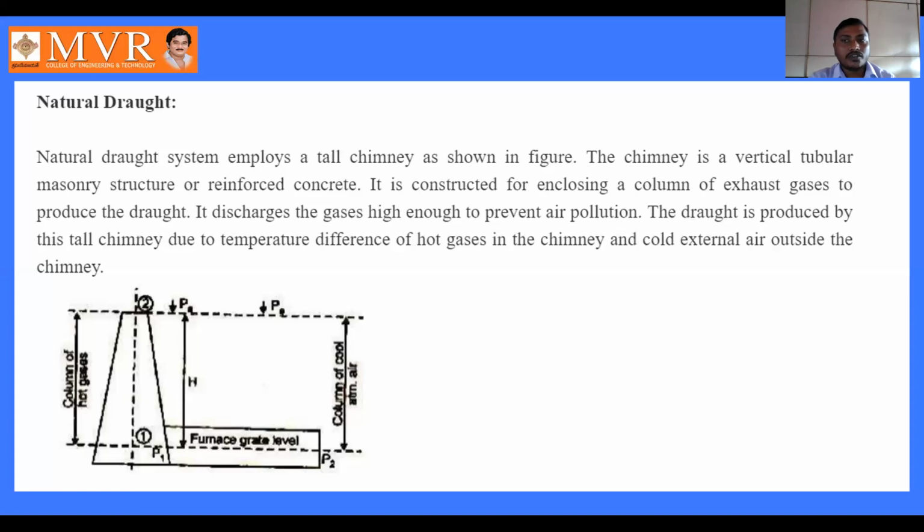We can observe the different temperatures inside the chimney as well as in the outside atmosphere. Due to these temperature variations between the inside of the chimney and the outside atmosphere, a draft is formed inside this tall chimney. This is the natural draft. Naturally, the draft is produced inside the boiler due to the temperature differences inside and outside of the chimney.